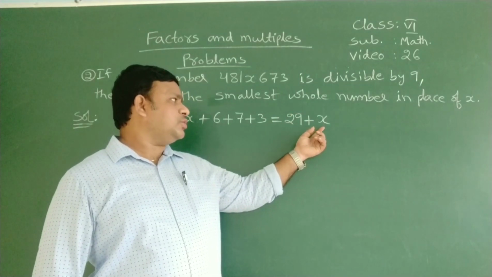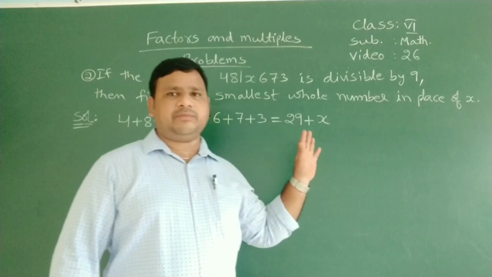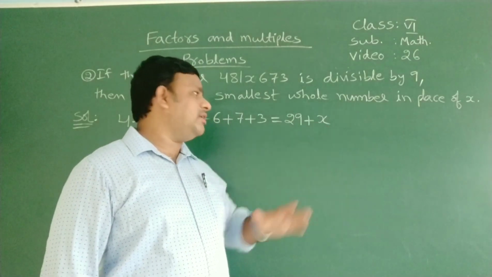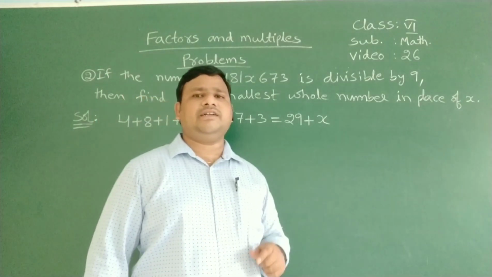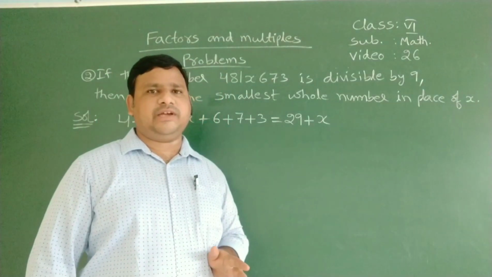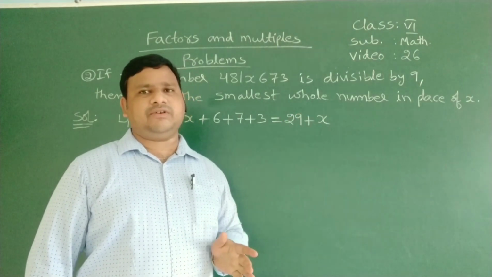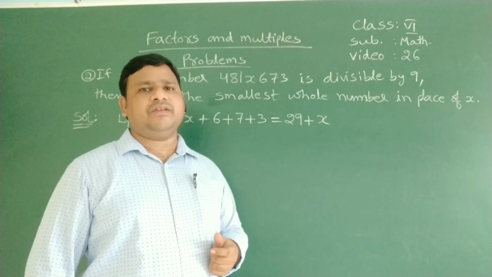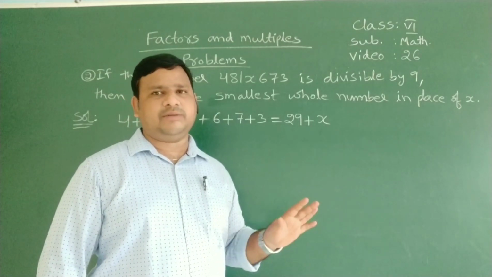In place of x 2, if you give 29 plus 2, 31, not a multiple of 9. 3 if you give 32, not a multiple of 9. 4 if you give 33, not a multiple of 9. 5 if you give 34, not a multiple of 9. 6 if you give, it will be 29 plus 6, 35, not a multiple of 9.